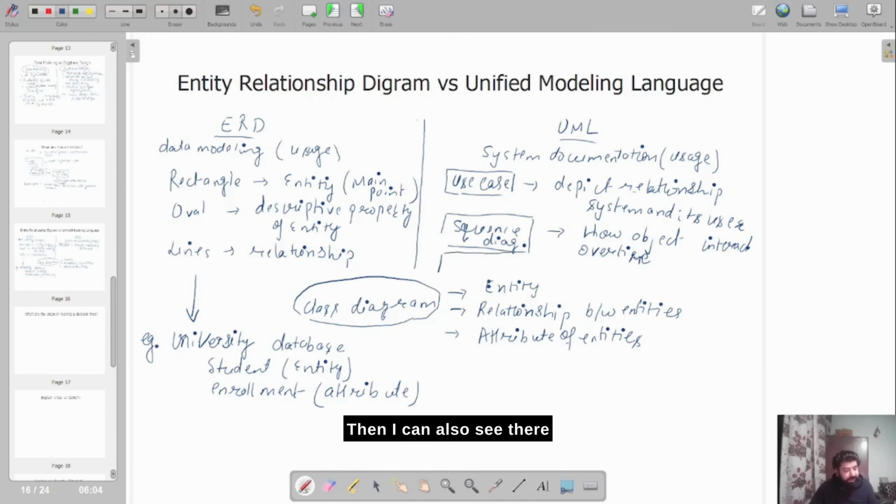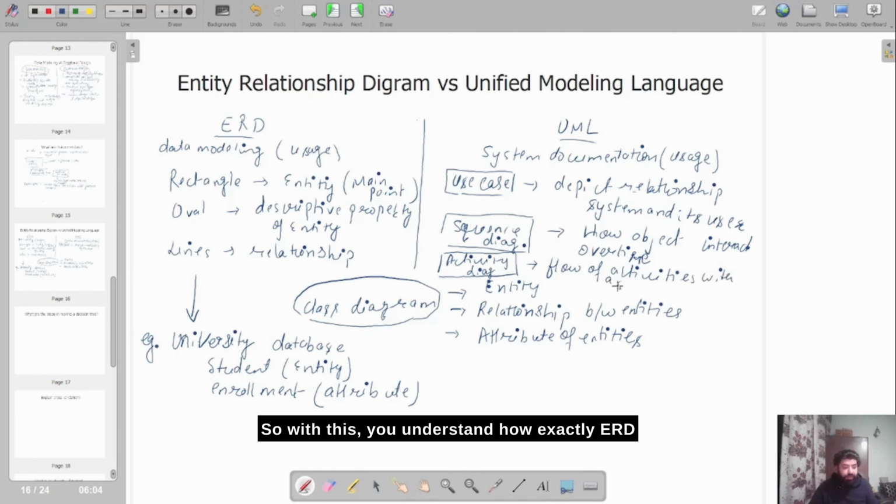Then I can also say there is an activity diagram in UML. So by the name it is clear it is going to talk about the activity only. So it shows the flow of activity within a system. How exactly the flow of activities takes place within a system, that is what it actually shows.